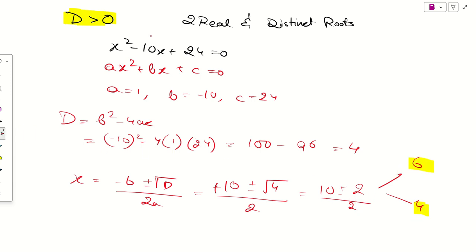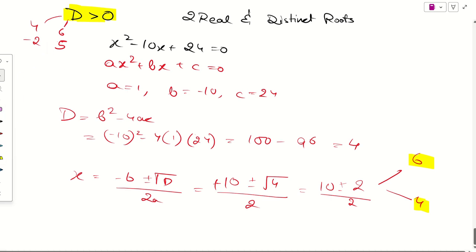So please tell me, can we have 4 and 6 as roots here for D greater than 0? Right, we can have. And also we can have minus 2 and 5. These are real and distinct. Can I take 5 and 5 here? These are real but not distinct. So we cannot have 5 and 5 for D greater than 0.